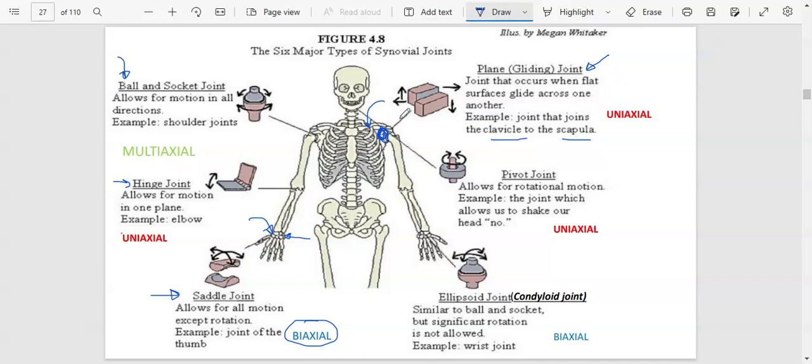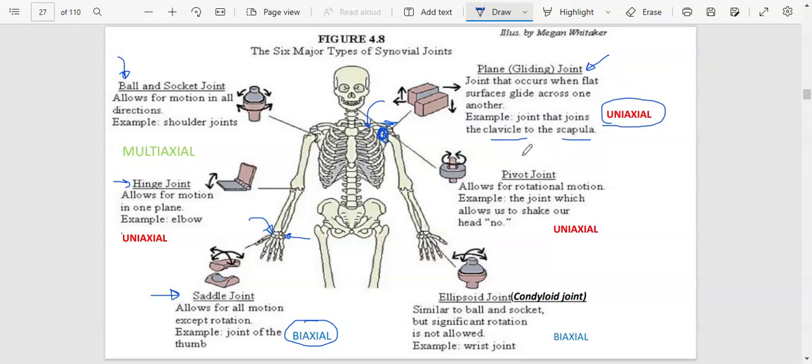So the joint that you're going to find when those are gliding on each other is going to be called a plane joint, and that one is uniaxial, meaning that it only allows motion in one plane, like you can't go in all directions. That is a gliding joint or plane joint.